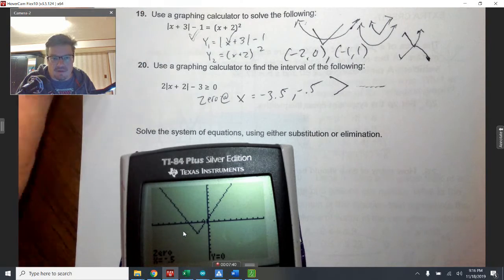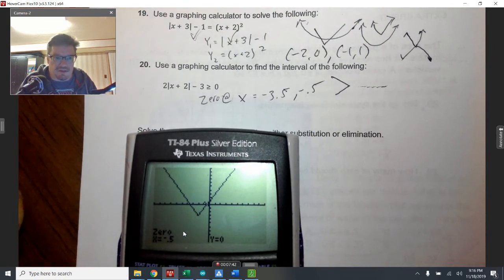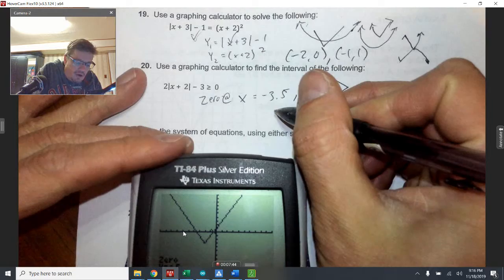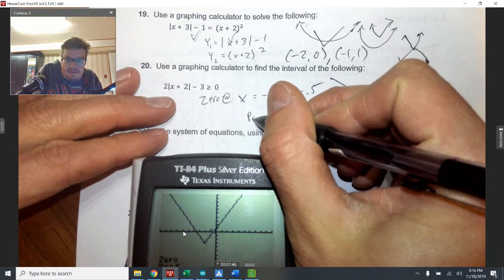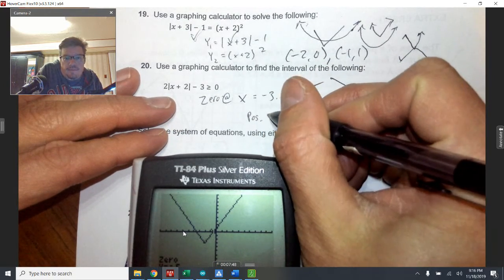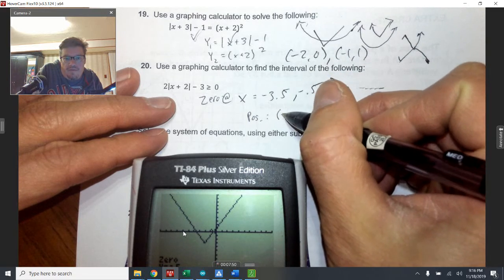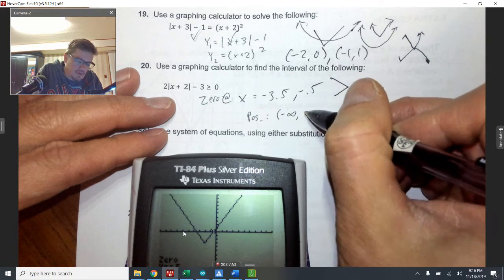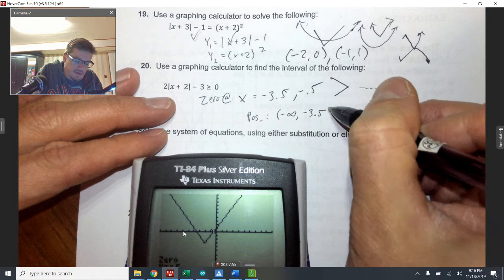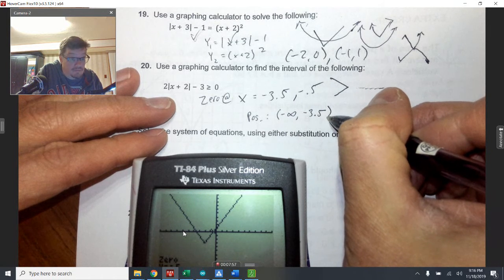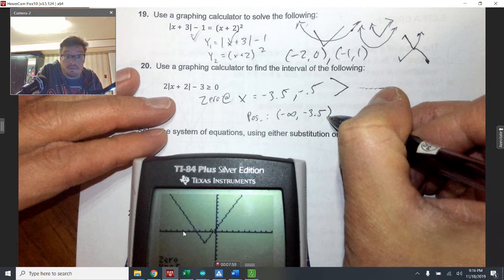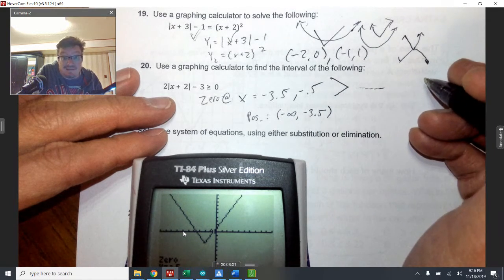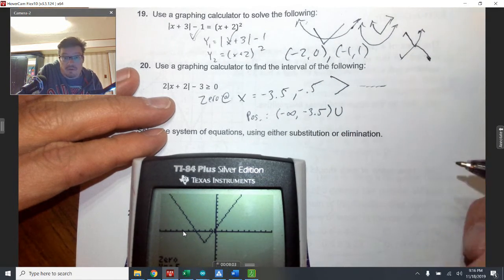I just found my zeros. I want the whole interval on which this is positive. So I am positive all the way from negative infinity to negative 3.5. Then I go negative, so I'm not going to include the negative interval in my positive interval. So I will have the union.